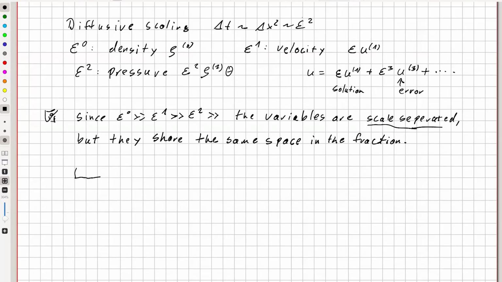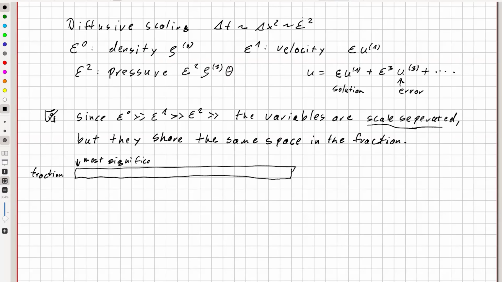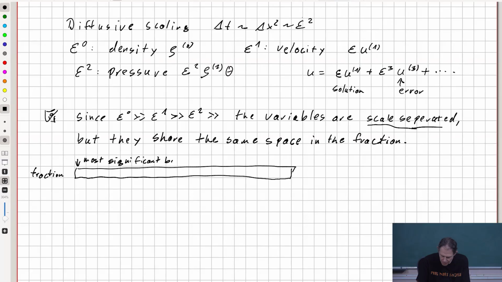So let's really look at this. So say we have here our fraction, the fraction of our floating point number, and say we have here our most significant bit. And we have at the end the least significant bit.